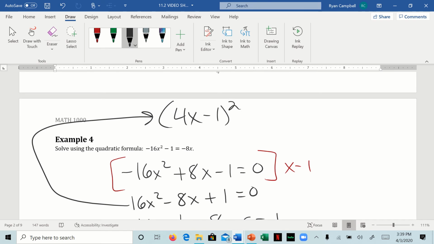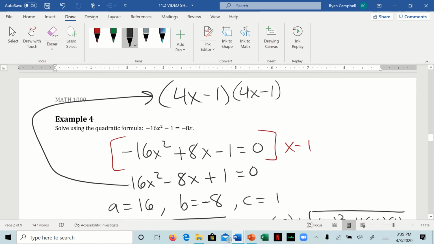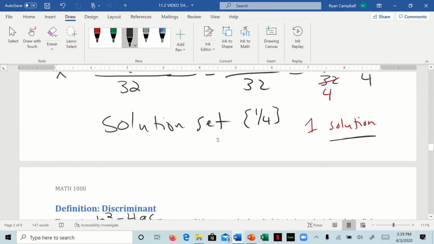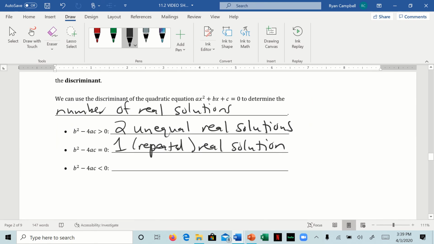We have 4x minus 1 times 4x minus 1, so that's why it says repeated. And lastly, if it's negative, you can't take a square root of a negative, so we have 0 real solutions.